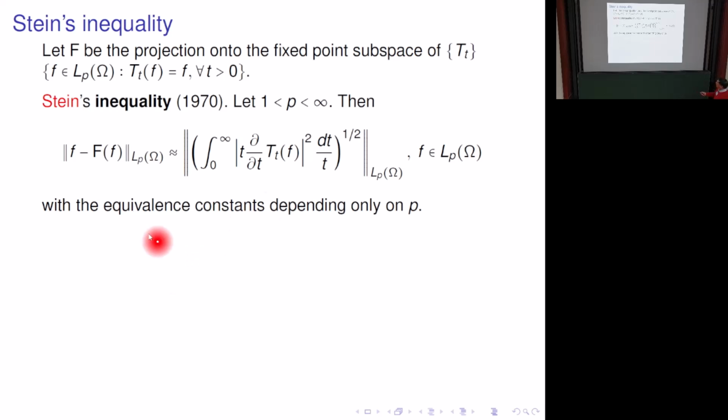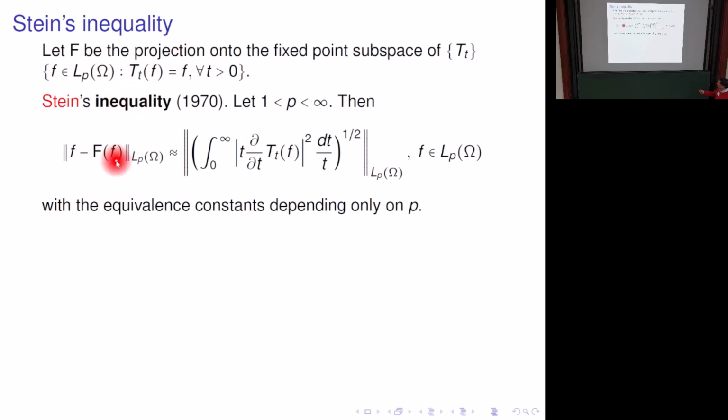So Stein proves that in this case, you see, the L^p norm of the square function is in fact equivalent to the L^p norm of the function f itself. Of course, we have to remove the fixed point space, the fixed point projection of the semigroup.